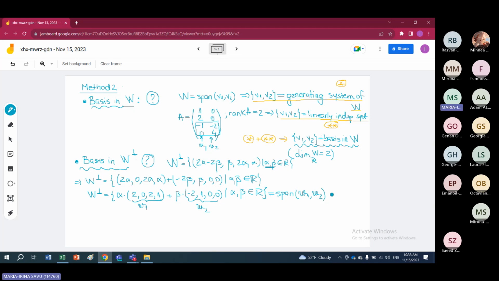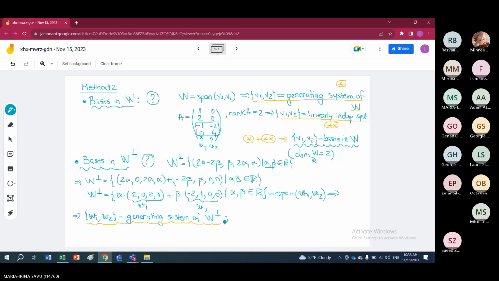So it means that W1 and W2 span this space. Okay, so we have here a generating system, and to obtain a basis, we have to check if the system is linearly independent.